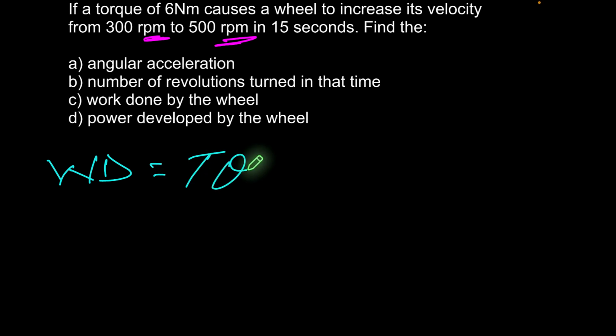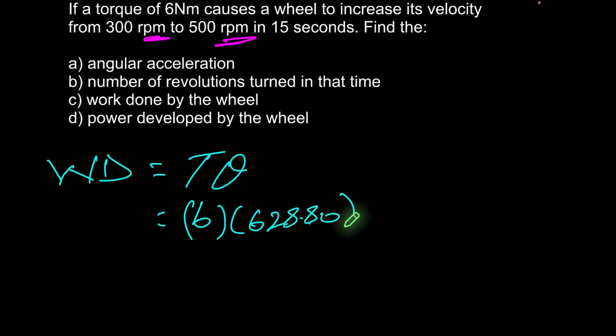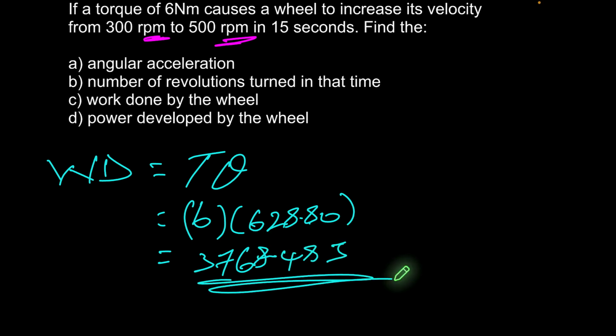Our torque is already given to us: 6 Newton meters, and our displacement that we just worked out was 628.80. That's all we need to do in order to find our work done, and this gives us 3,768.48 joules. So that's our work done.